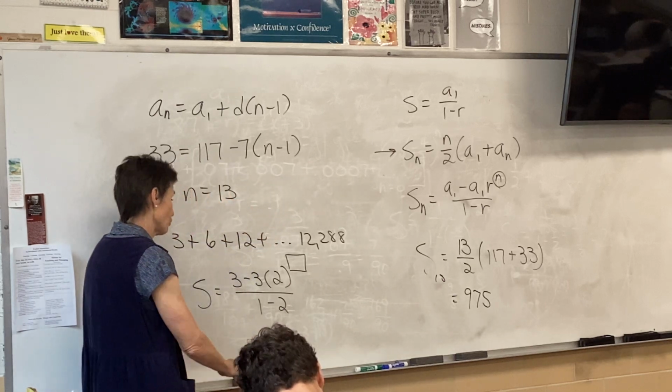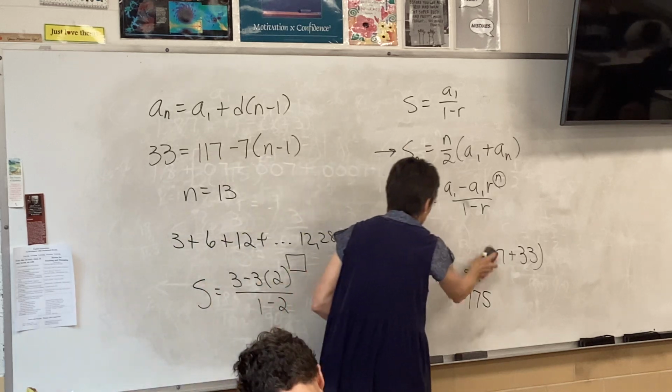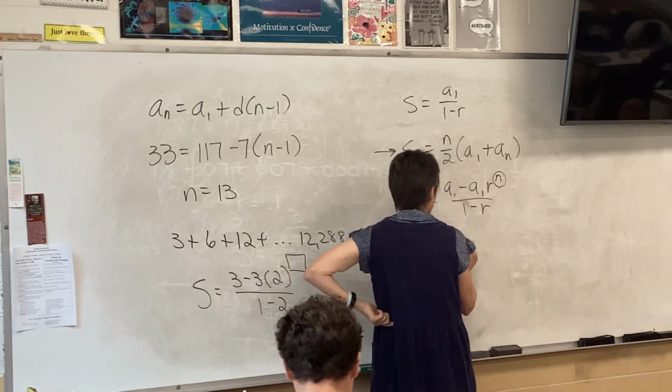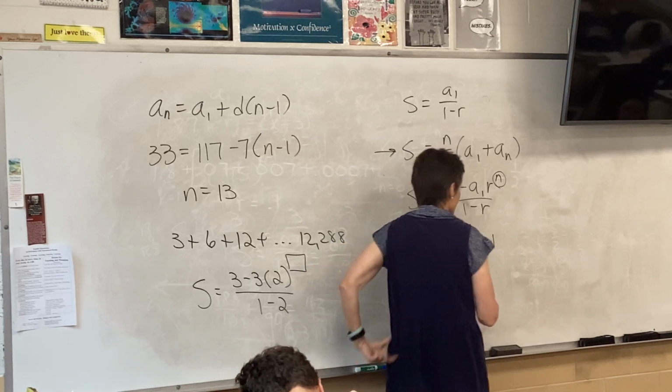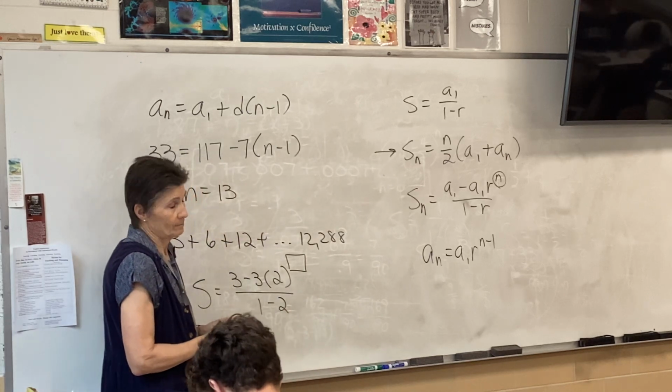one surefire way of figuring out what term it is, is to rely on your other formula. I said this is one surefire way. This will never let you down.